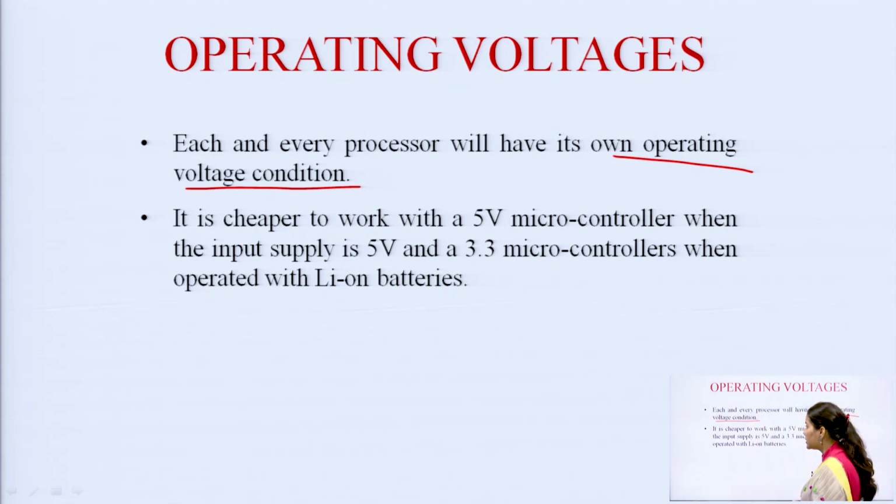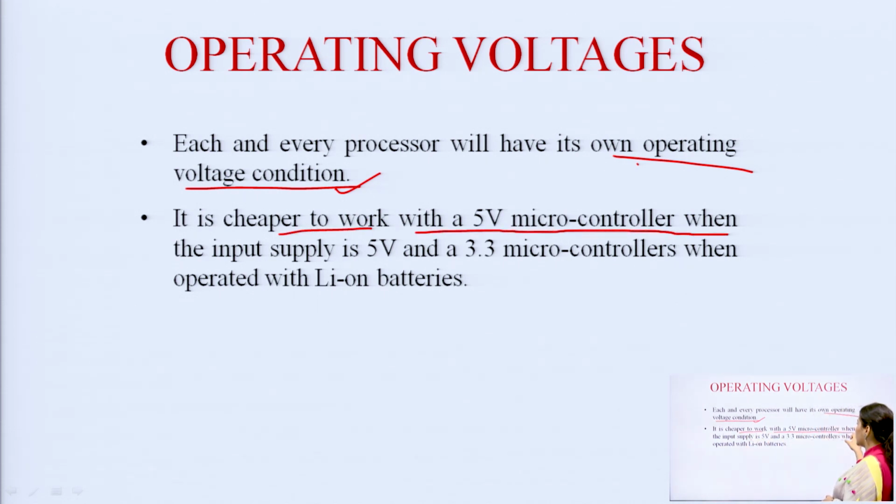To avoid this, we have to make sure that we know the operating voltage conditions. It is cheaper to work with the 5 volts microcontroller when the input supply is 5 volts, obviously. So, when we are provided with a 5 volts input supply, the processor that we use in our application should be operable on the 5 volt supply.